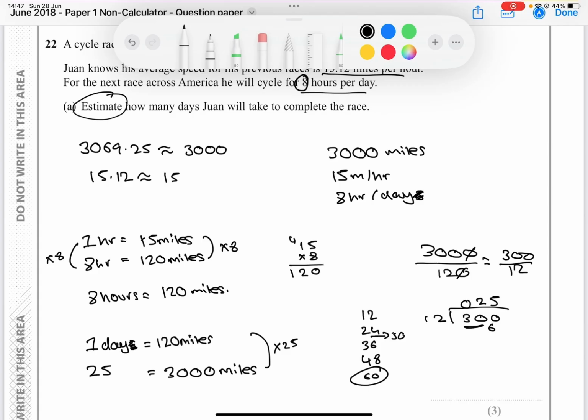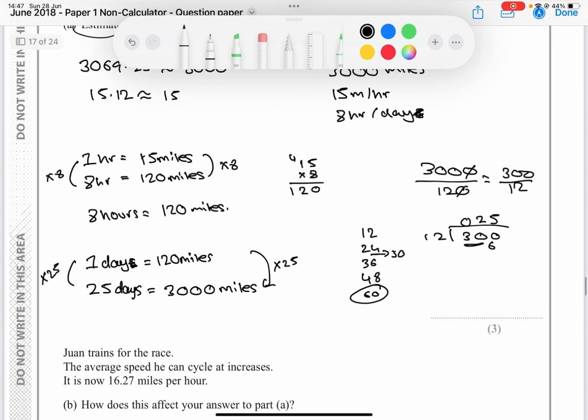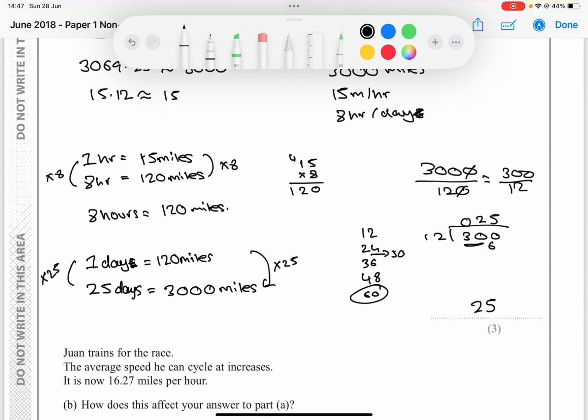I do the same over here, so you have 25 days, and that is your answer. Roughly, on estimate, it will take him 25 days to complete the race.